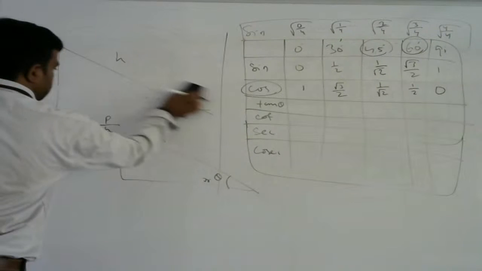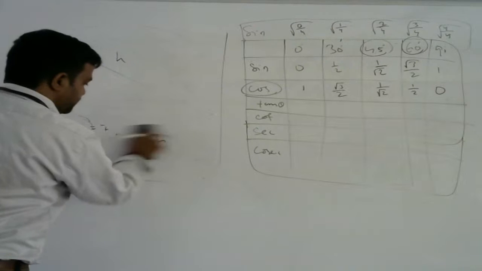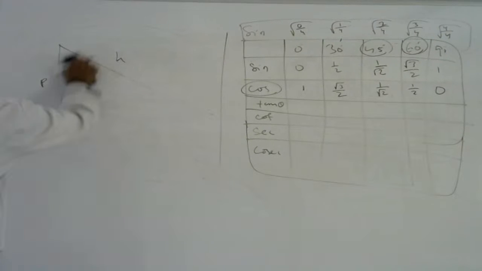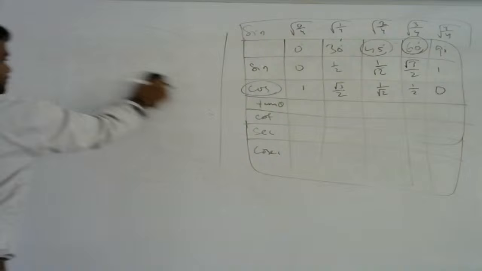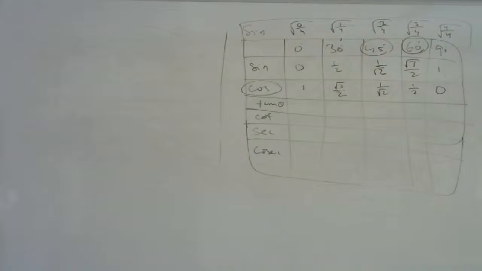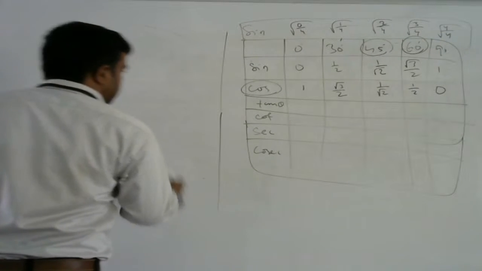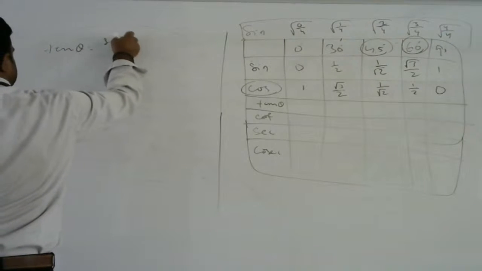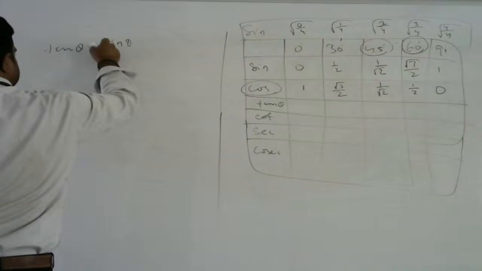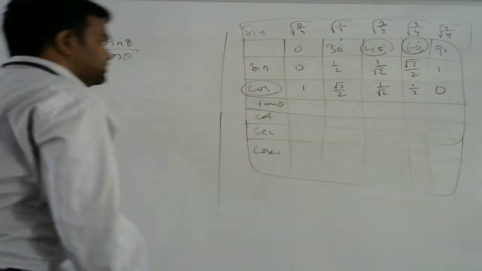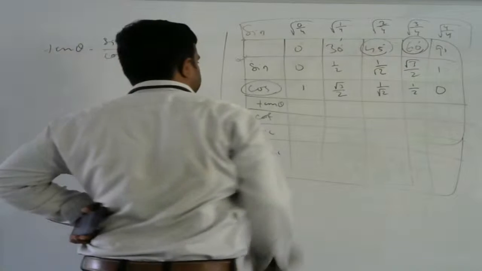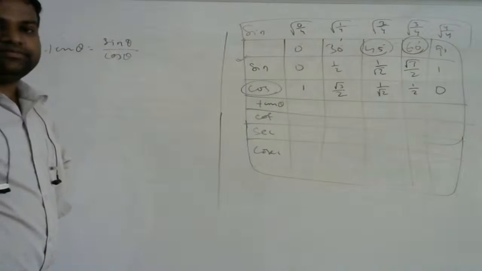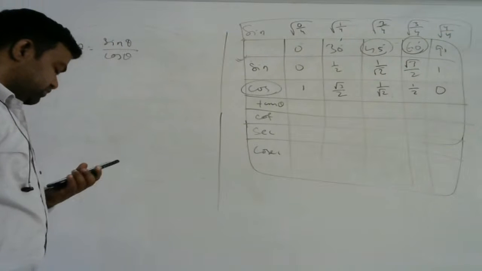So you can fill the box like that. But if you know that tan theta is sin theta by cos theta, so basically if you remember the sine part, then the other ones you can easily do.